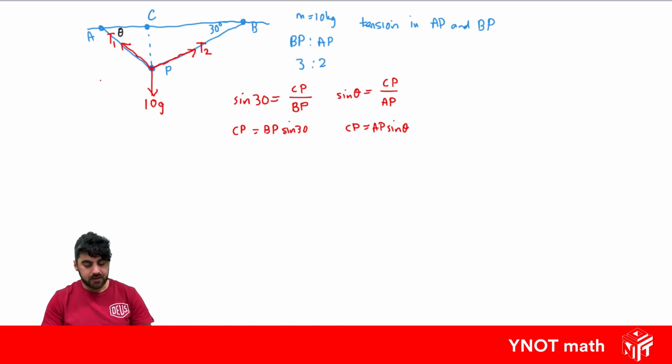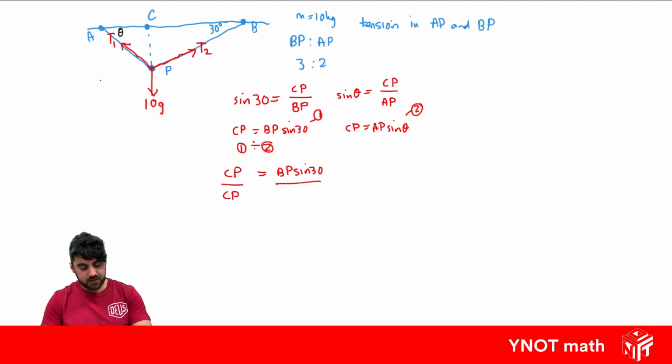Let's go ahead and divide these equations with each other. We're going to call this equation 1 and this equation 2. We're going to do 1 divided by 2. So we're going to have CP equals BP sine 30 for equation 1 over CP equals AP sine theta. CP on CP will be 1. We know BP on AP, using the ratio given in the question, is 3 on 2.